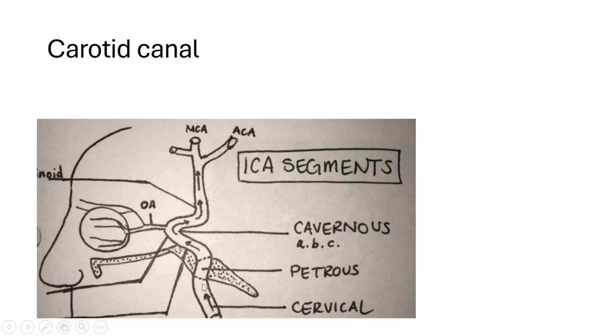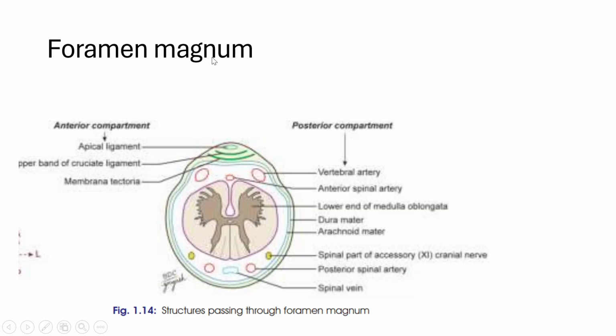Now the internal carotid will enter into the carotid canal, will pass through the petrous temporal bone, will traverse above the foramen lacerum, will pass in the cavernous sinus here, and then is going to form the circle of Willis here. So we'll see later in the brain part also. So here you have to remember the carotid canal, which is giving passage to the internal carotid artery along with the venous and sympathetic plexus around it.